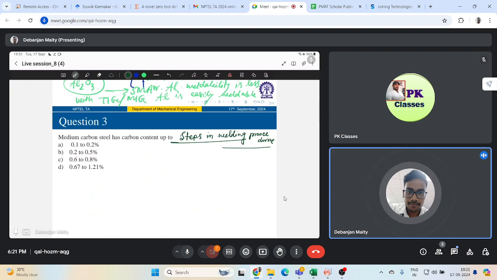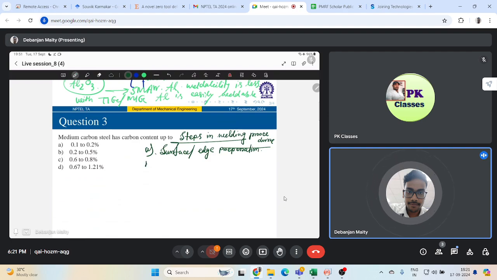You may need to use some kind of edge preparation or surface preparation technique to have easy weldability of the metal. So again, I will note it down: surface or edge preparation.